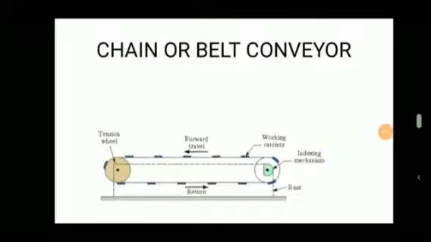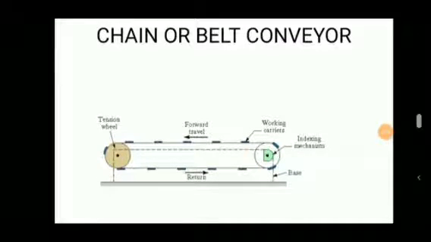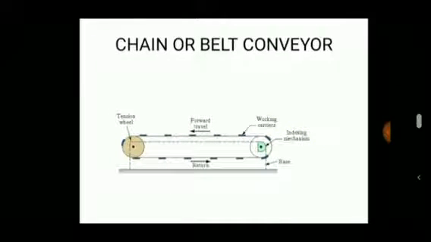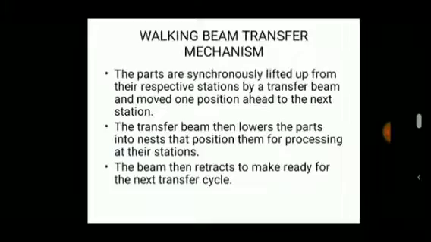In inline, they use a chain or a belt conveyor where a tension wheel is present over the belt. The fixtures are present to hold the workpieces so that it can transfer the workpieces from one workstation to another, so that we can transfer the parts between stations.